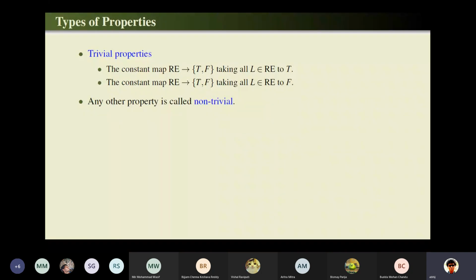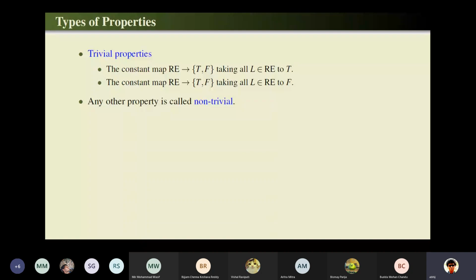That this property is true for some RE language, one or more, and it is also false for one or more RE languages. So that is a non-trivial property, which is not universally true, which is not universally false.